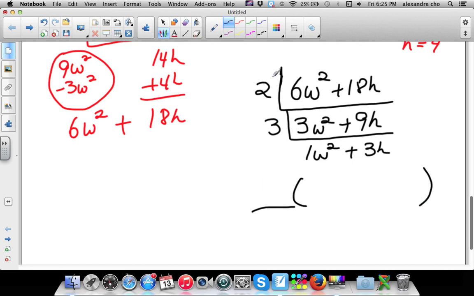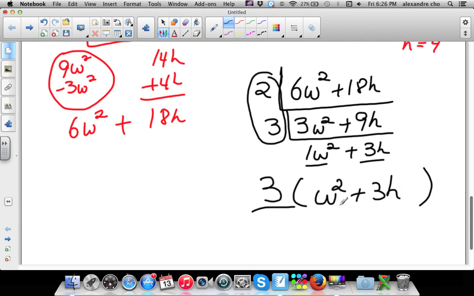And our factor outside here is going to be the product of these two numbers, which is 2 times 3 is 6. And inside, these two terms are going to be right here. Instead of writing 1w, I'm just going to write w squared, it's the same thing, plus 3h. You can always double check. 3 times w squared, and I'm forgetting 6. Oh, I'm sorry. Mistake.